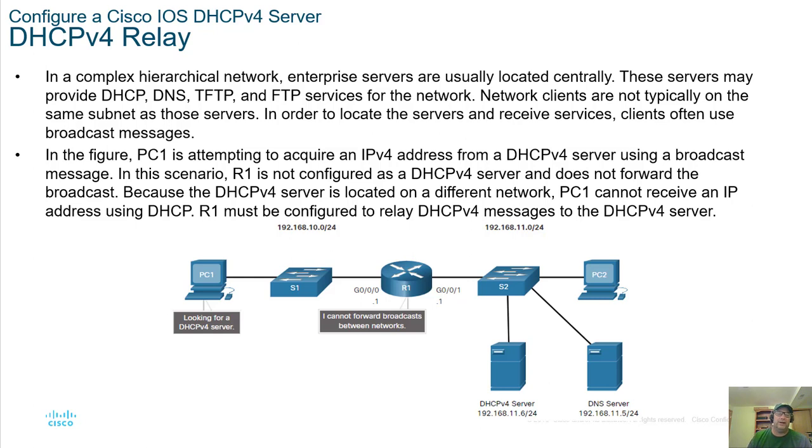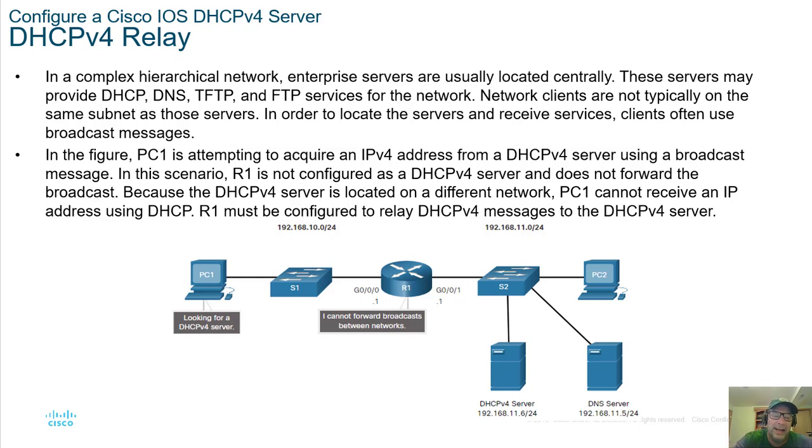And that's exactly what's going on here. So PC1 wants a DHCP address. R1, router 1, is not a DHCP server, so there are no DHCP servers on that LAN, on that 192.168.10.0 network, so PC1 cannot get an IP address. However, the DHCP server is on the 11.0 network, and router 1 can then set up what's called an IP helper address statement.